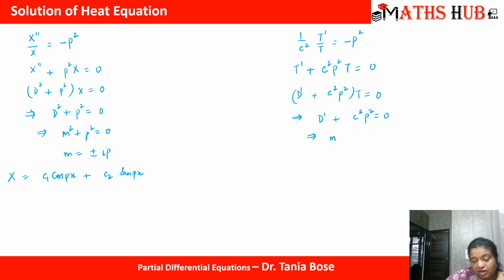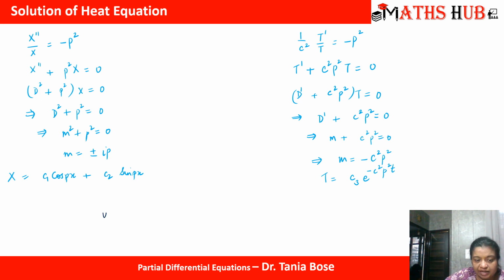So the algebraic equation will become m plus c square p square is equal to 0. So this implies m is equal to minus c square p square. So from here t comes out to be c3 e raised to power minus c square p square t.